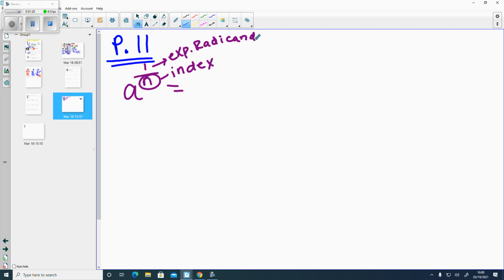So if we look at number 1, for example, number 1 gives us x to the 1/4 power. And so if we follow these rules, it tells me, okay, the denominator becomes the index. So this is going to be the index of my radical. So I'm going to have the 4th root. The numerator is the exponent of the radical.